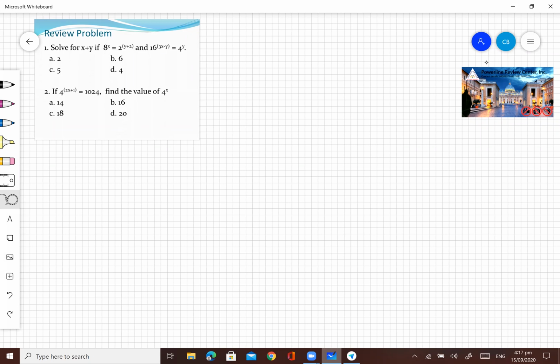Para ma-solve natin yan, babalikan lang natin isa sa pinaka-important law pagdating sa mathematics. Although madali lang naman ito, usually ginagamit natin yan to simplify mathematical expression. Tawag nga natin, that is the law of exponent.